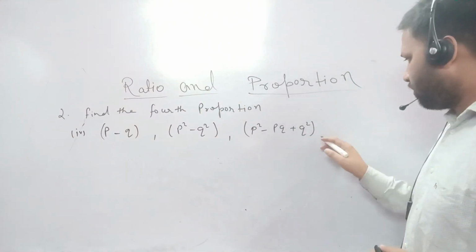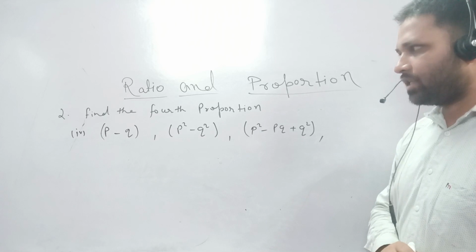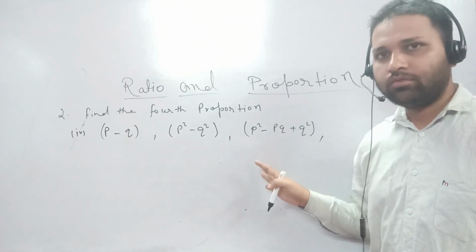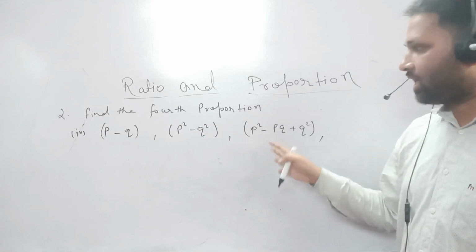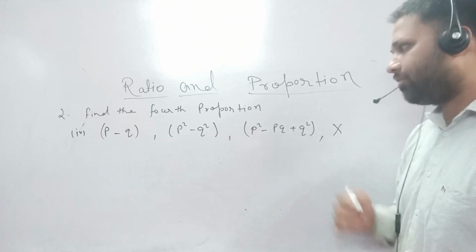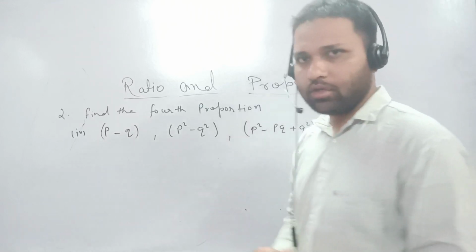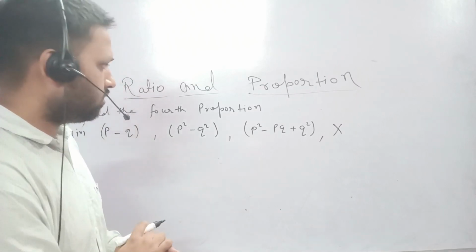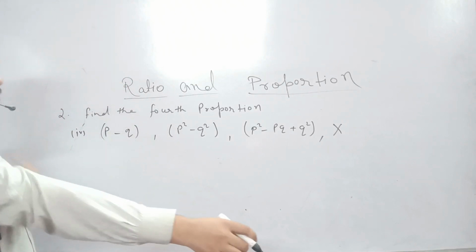We take the fourth number as the fourth proportion. Here the variables are p and q, so we will take another variable, x. It may be y also, not a problem. Now just start with the previous method.